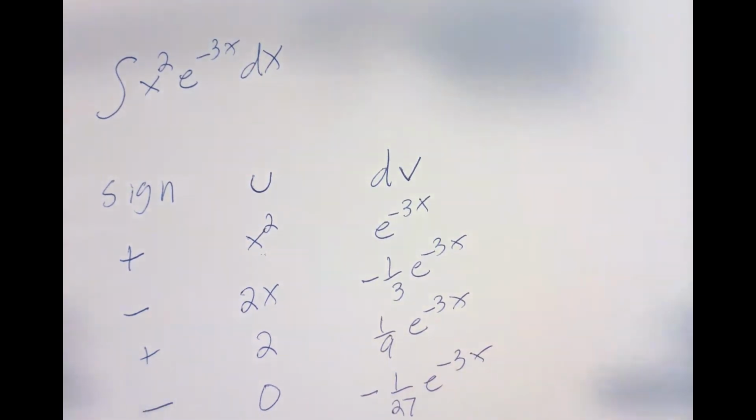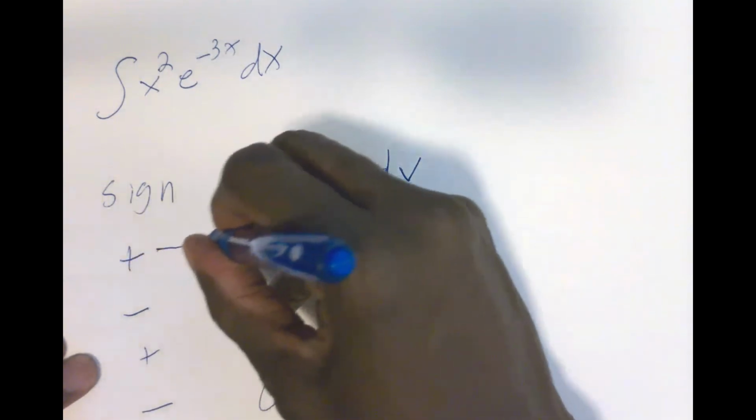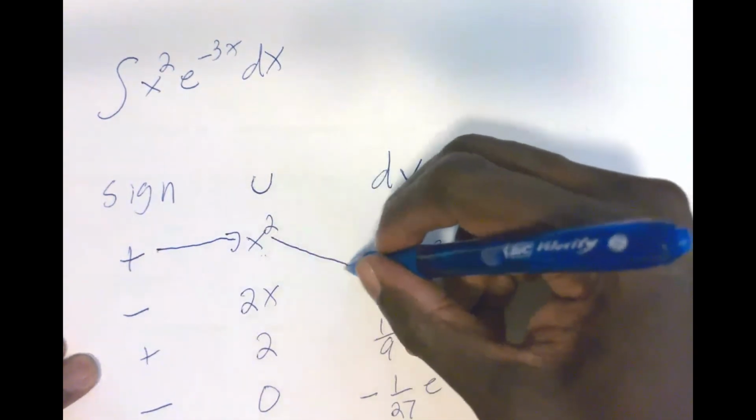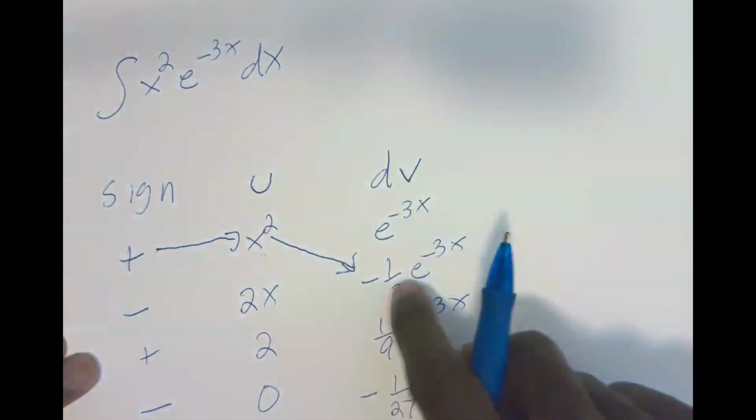And you might see some similar things that we saw when we were going through the first method. Now, what do we do? Well, we take this plus sign and we go to this guy, and from this guy, we go to this guy. And that gives us our first part of our answer. So you see it's negative.